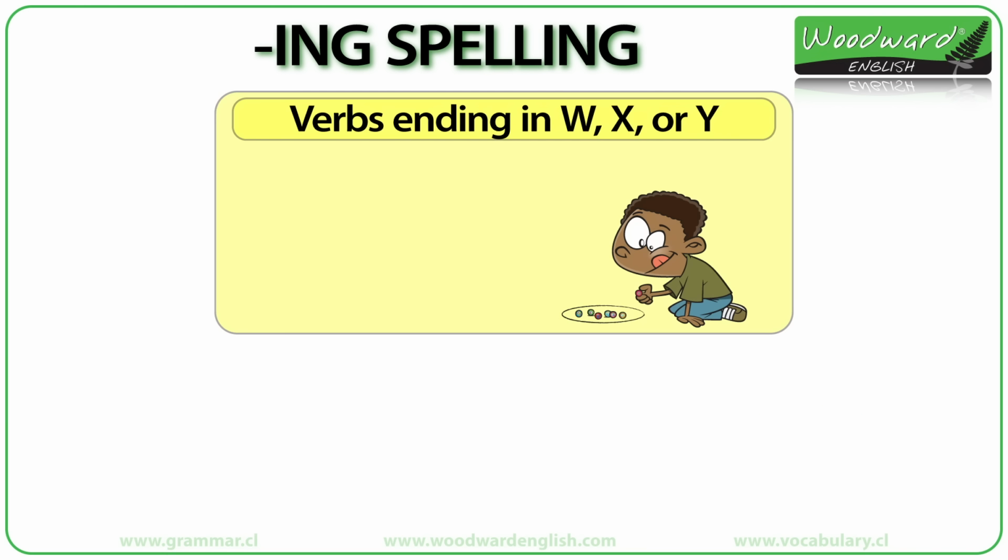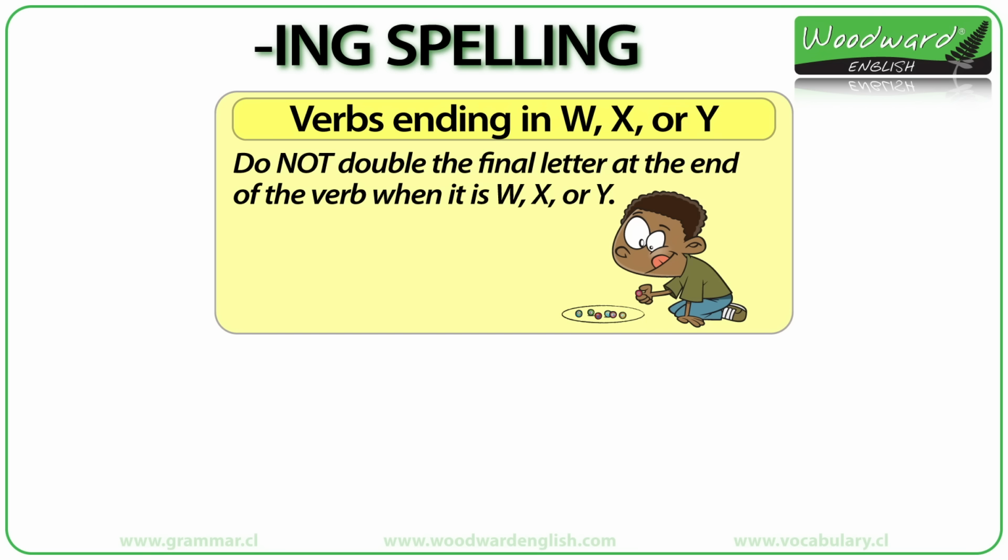Verbs ending in W, X, or Y. Before adding the ing, we do not double that final letter at the end of the verb when it is W, X, or Y. For example, the verb play is a verb that ends in a consonant, L, a vowel, A, and a consonant, Y. But since the final consonant is a Y, we do not double that letter.